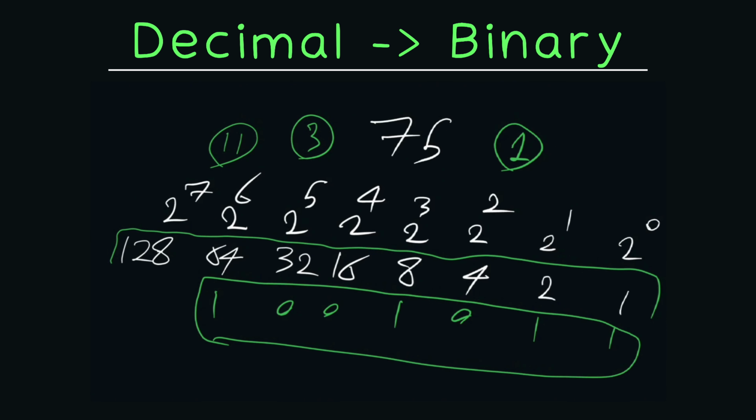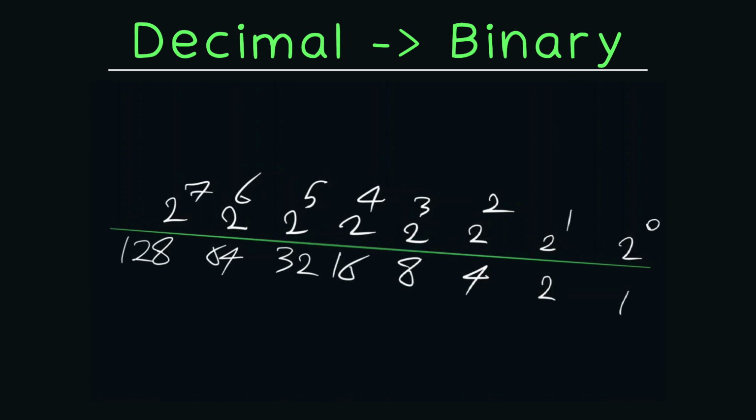Now let's do it for another value, something that is even bigger than 128 perhaps. Now we can do the same process for a number such as 196. Now this is a much bigger number than 75. And this time you actually need the 128.